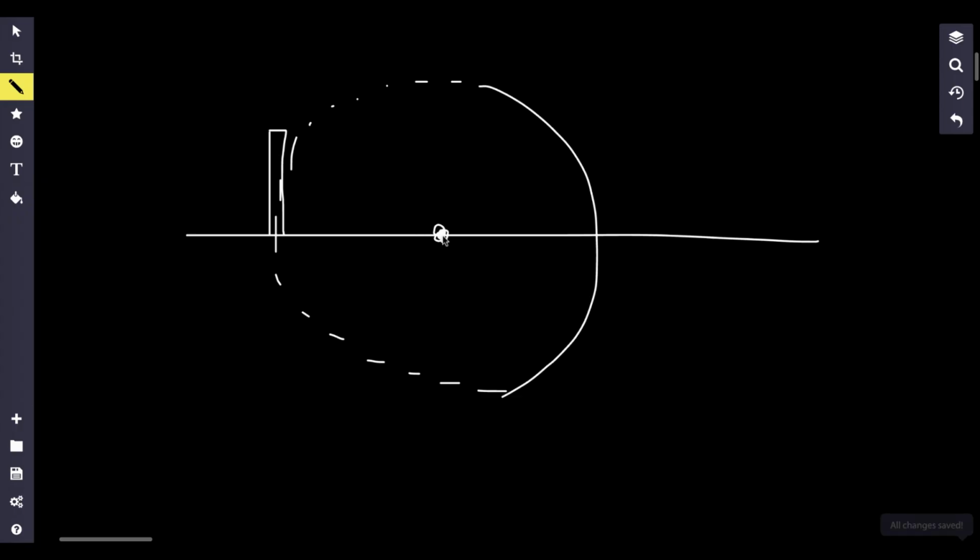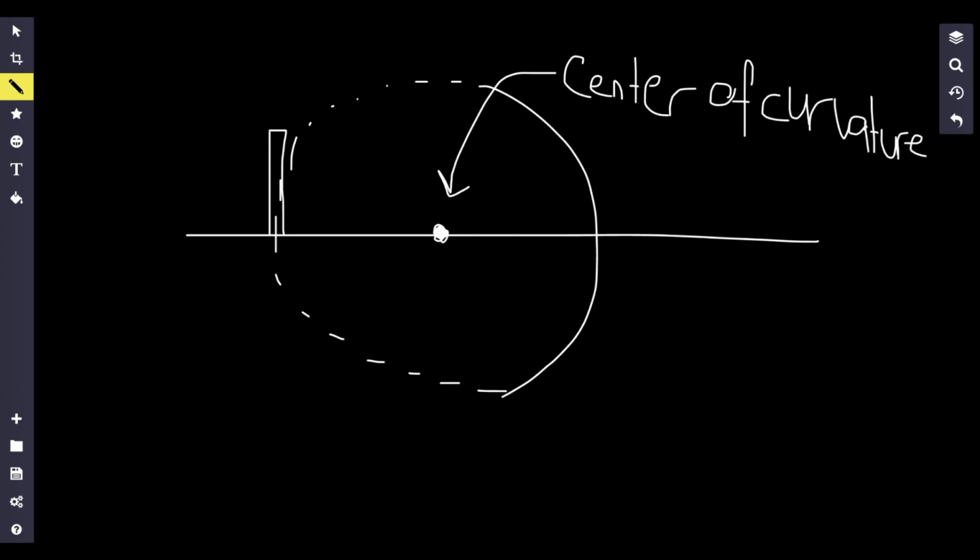Let's say this is my object, and this is my concave mirror, and I extend it so that it creates a full circle. It's not perfect, but there it is. In the circle, of course, I have the center, and the center is called the center of curvature. And this distance from the center to the mirror represents the radius of curvature.